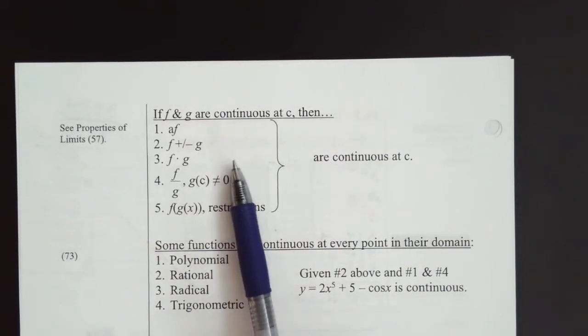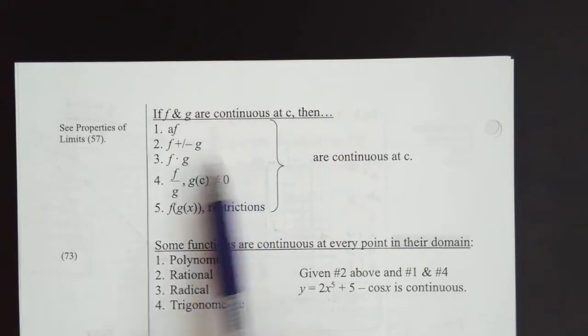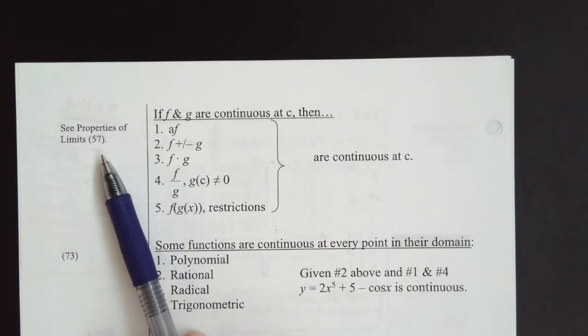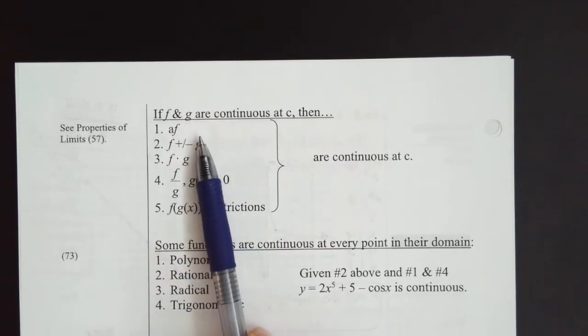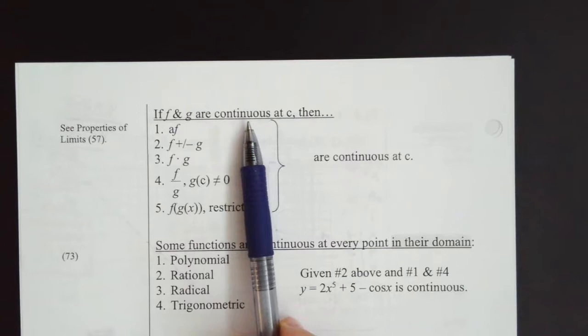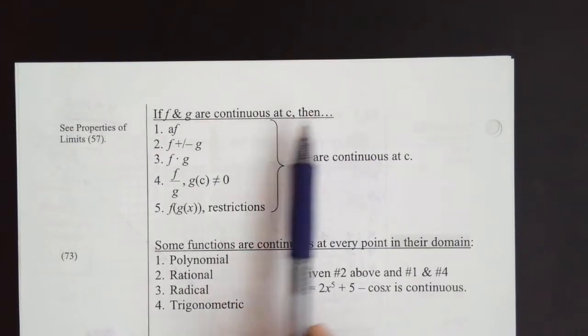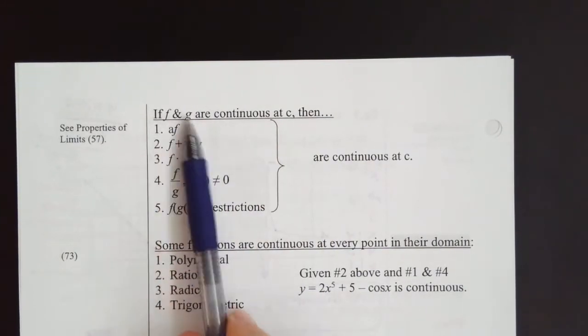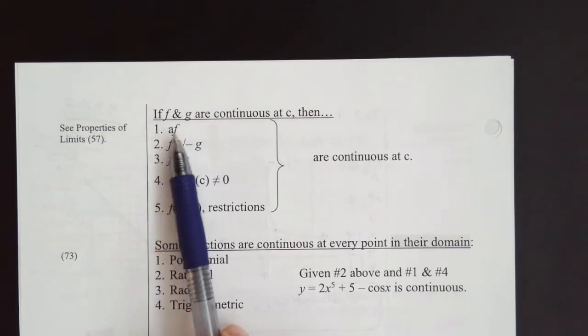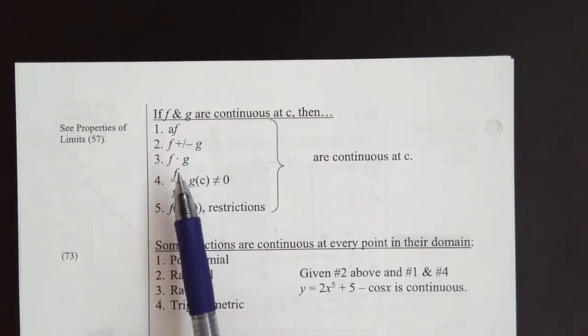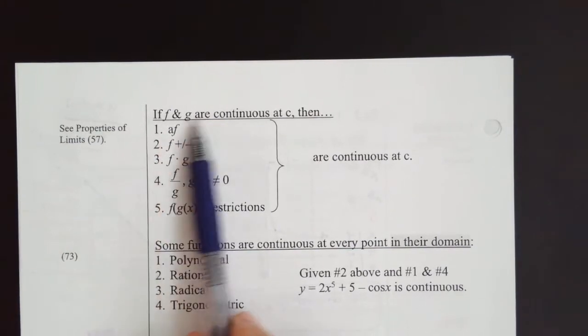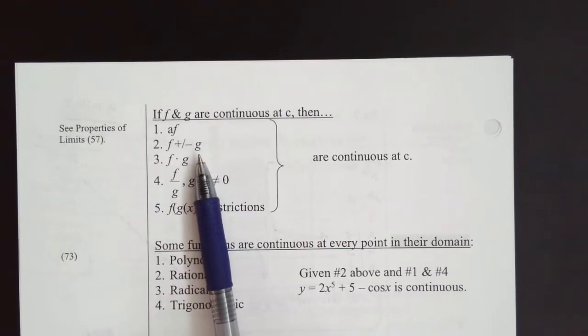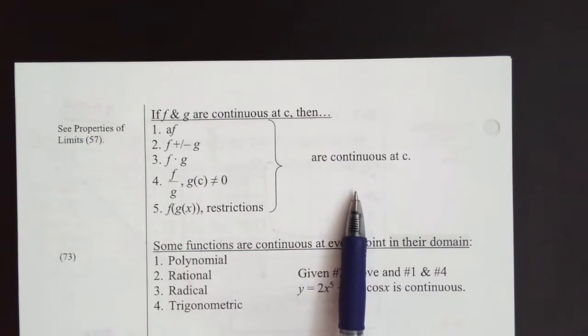So we have some properties of continuity, similar to the properties of limits on page 57. If two functions are continuous at a point, then if we multiply the function by a number, it's still continuous. If we subtract them from each other, the result is still continuous.